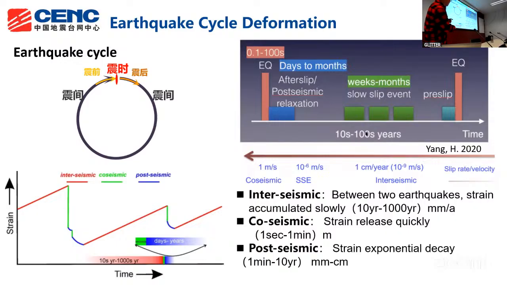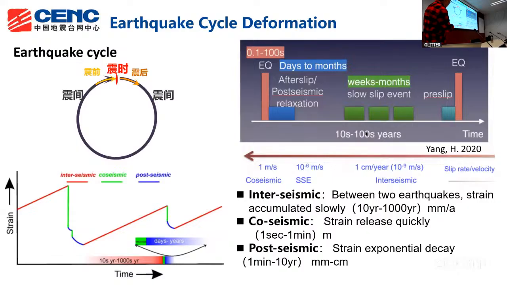This map shows the strain energy over time. The line shows the interseismic stage. It's just like a linear line. It's very slow because the time span is very long and the velocity is very slow, so we can just use a linear line to indicate it.